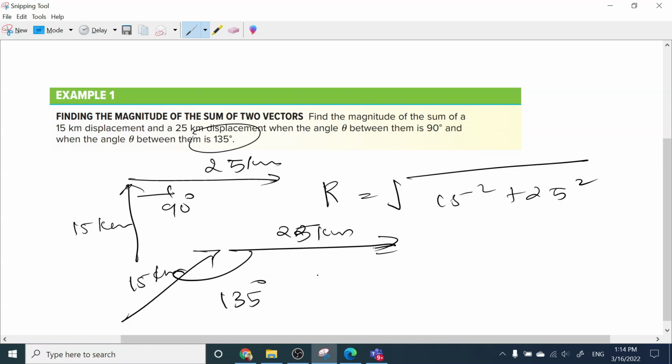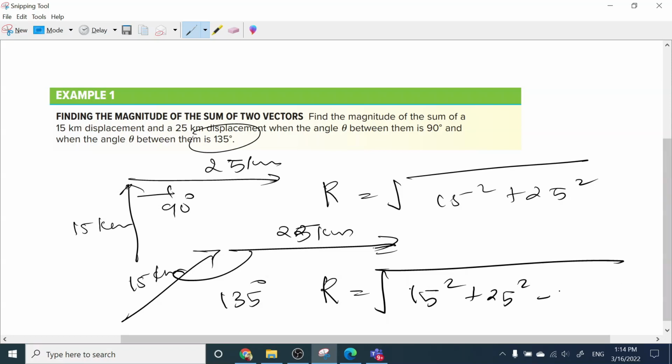In that case, we will use law of cosine, because two sides and one angle are given, and that angle is not equal to 90 degree. So the sum is equal to, according to law of cosine, square root of 15 squared plus 25 squared minus 2 times 15 multiplied by 25 multiplied by cosine 135. Use your calculator, do the calculation, you will get the answer.